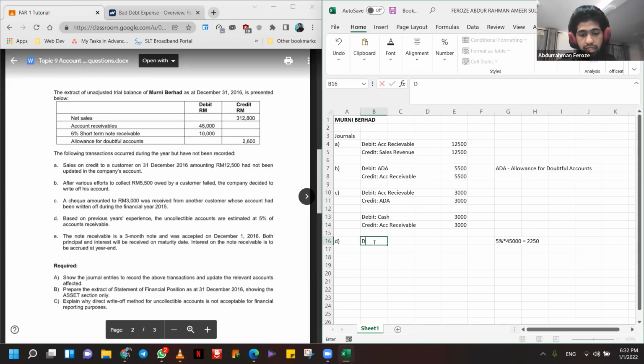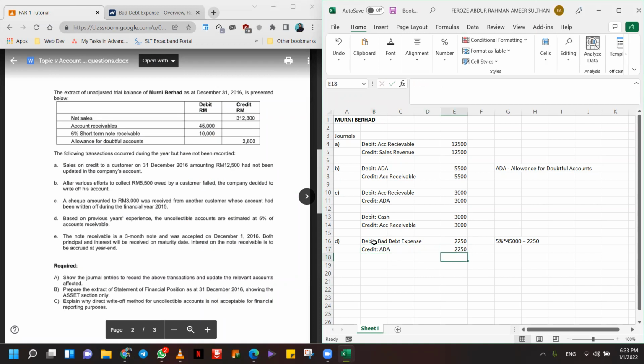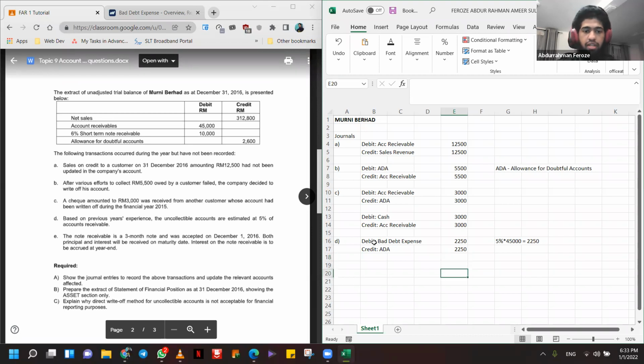So debit bad debt expense 2,250 and credit ADA 2,250. Is that clear? Yes. All right. And then we have part E, right?